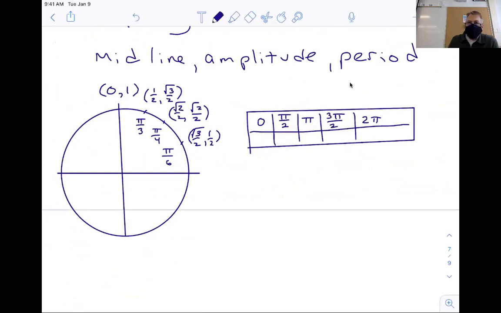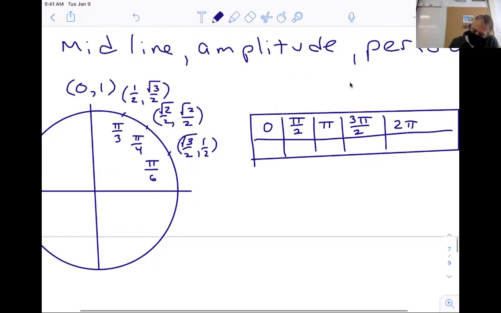So as we're moving around the unit circle, we have 0, pi over 2, pi, 3 pi over 2, and 2 pi. So that's my angle on top.